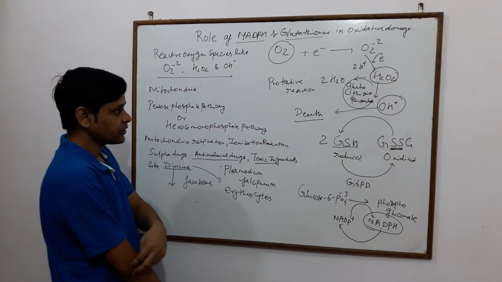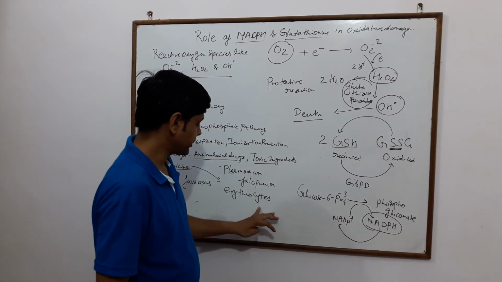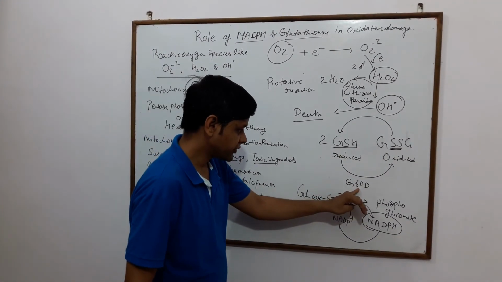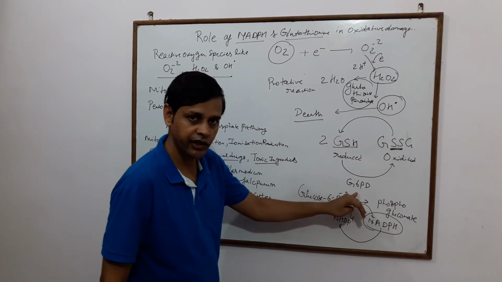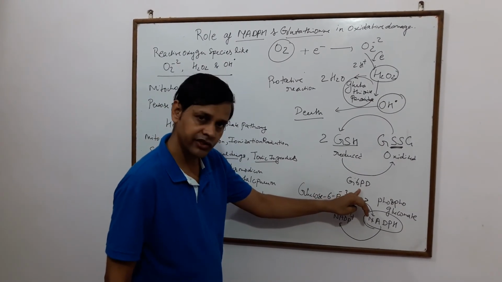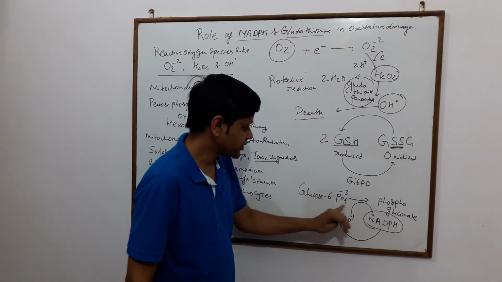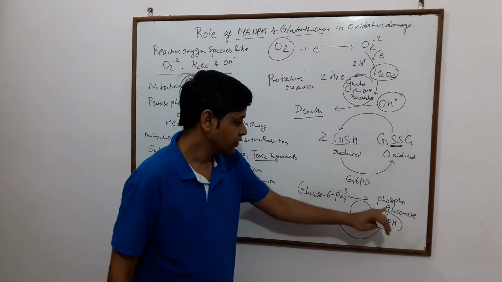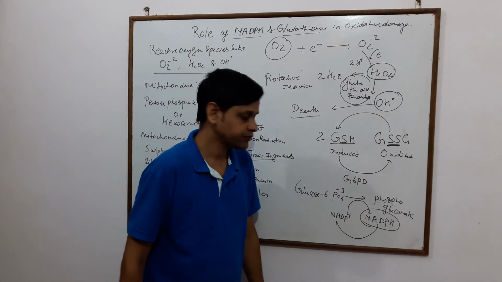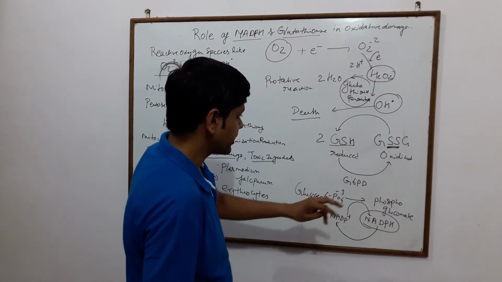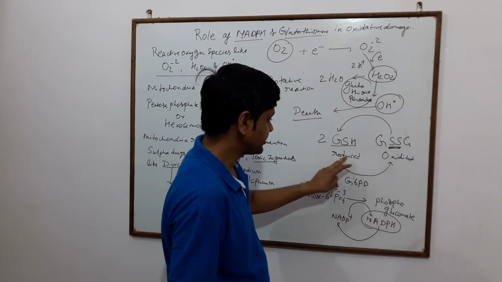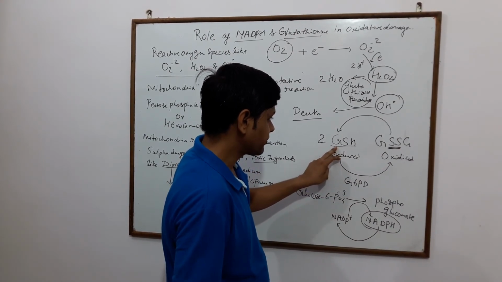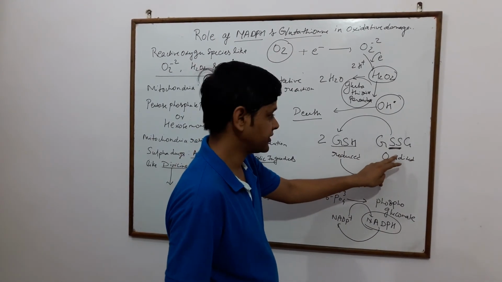So in this reaction, the glucose 6-phosphate dehydrogenase enzyme is not available, its deficiency is there, so glucose 6-phosphate is not converted into its derivatives. That's why, due to the lack of this enzyme, GSH is not produced from the oxidized form GSSG.